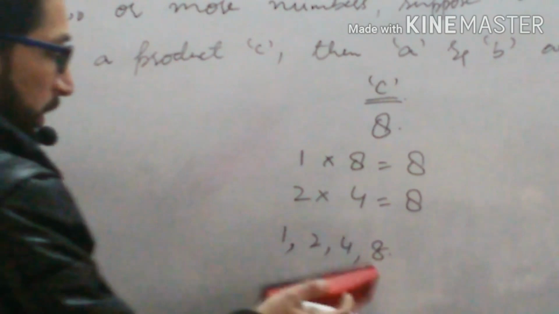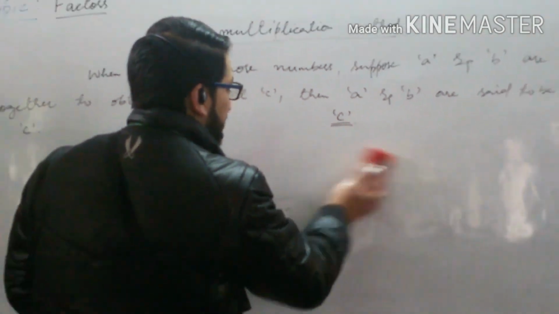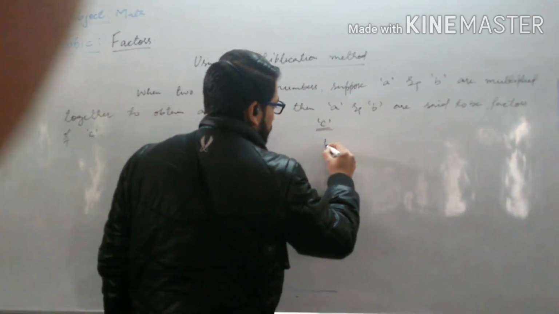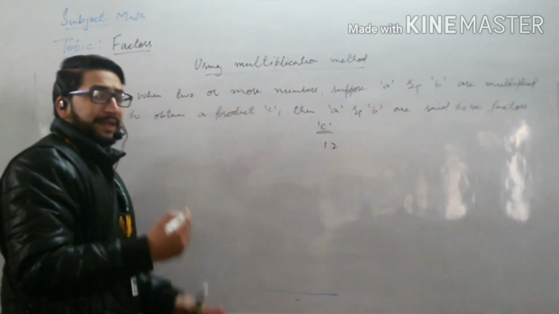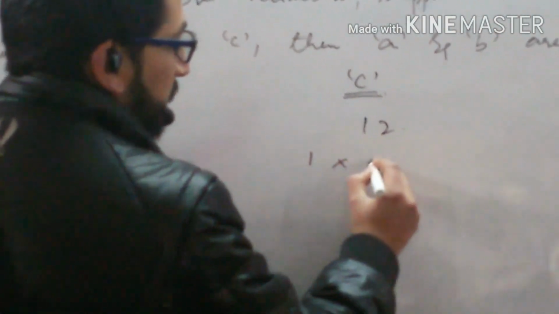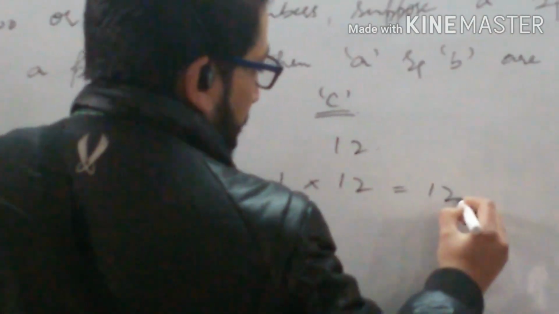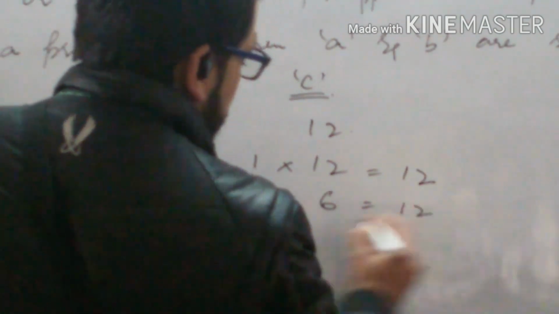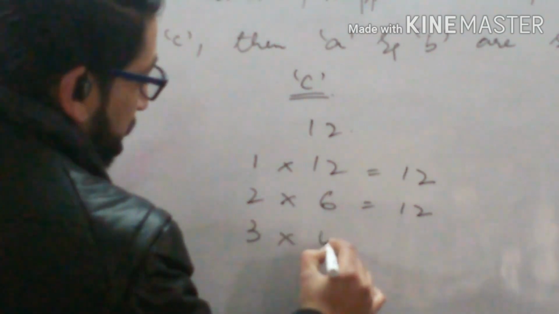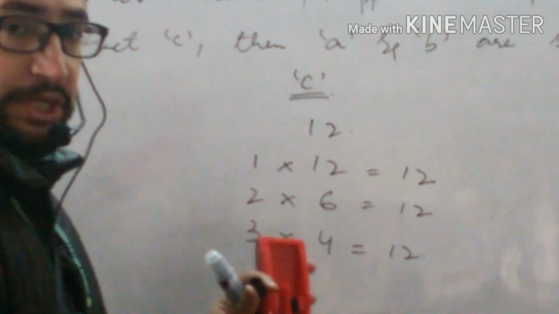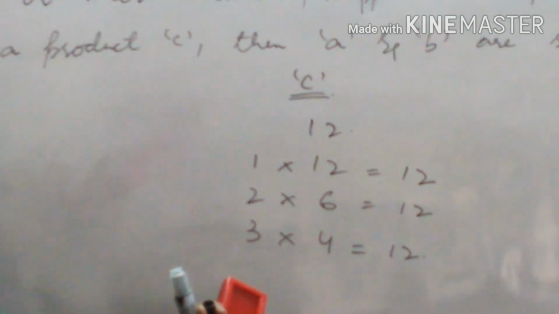Now I am going to take some other number as well. Suppose we have got number 12. In 12, we will first multiply 1 with 12, that becomes 12. 2 multiplied by 6 is 12. 3 multiplied by 4 is 12. After this, if I write 4 again, that will be repetition again, so we don't have to repeat any digits.